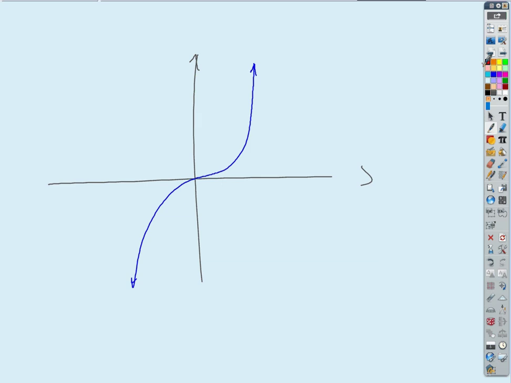But I could tweak this thing to do something like that, where I could end up with 1, 2, 3 x-intercepts. I can't do that kind of thing for a cube root. I'm never going to be able to get more than 1 for a cube root. So for now, that's probably my best explanation. Later on, we'll be able to fill in the blanks more thoroughly. Okay, thank you.